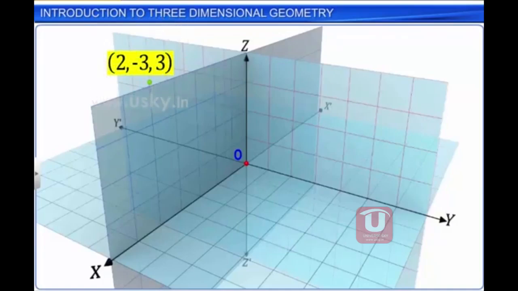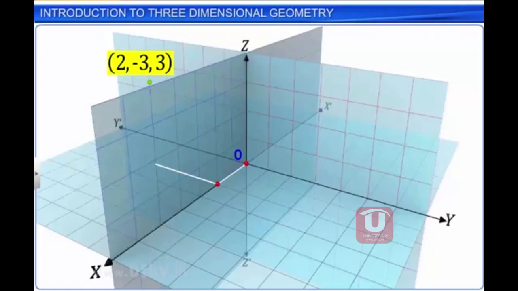The x-coordinate of the point is 2. So we measure 2 units along the x-axis and mark a point. The y-coordinate is -3. So from this point, we measure 3 units on the xy plane in the direction of OY' parallel to the y-axis.